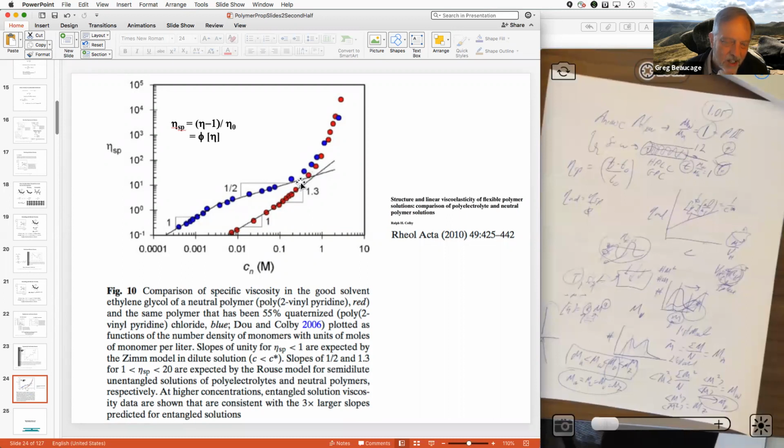The entangled chain part has a steep dependence on concentration. This overlap part has just a weak dependence. So basically, this is the kind of behavior you're looking for.